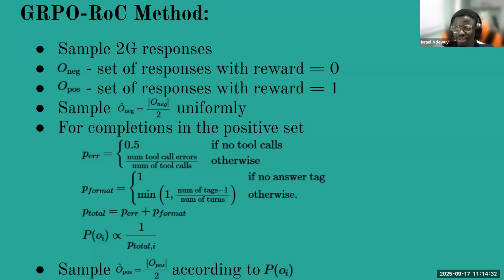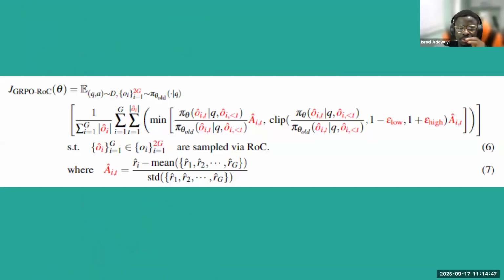Please feel free to interrupt me if you've got any questions. Basically this is the rundown of GRPO-RoC. I made some notes. We go back to our formula for GRPO.